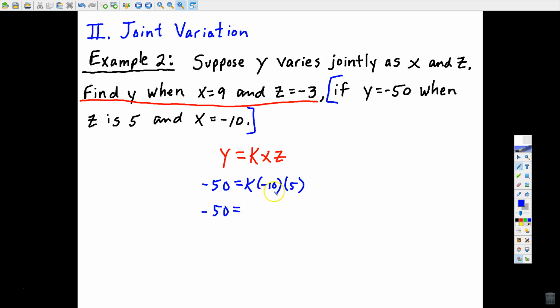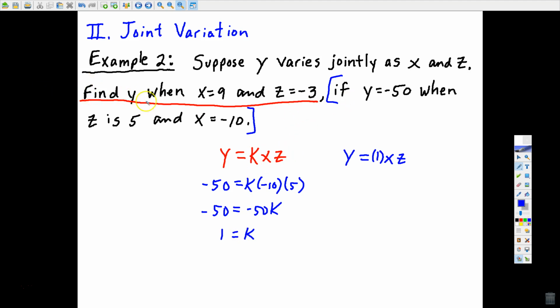Okay, so here we go, -50 times k, multiplied by -50 on both sides, and I got k is equal to 1. So now I'm going to write a specific joint variation. I don't really need the 1. I'll go ahead and put it. X, Z. Okay, we found out that k is 1, and now we're ready to find our final answer.